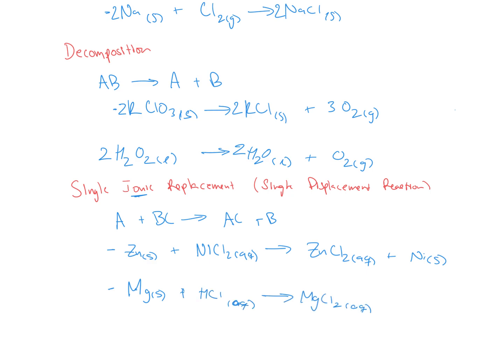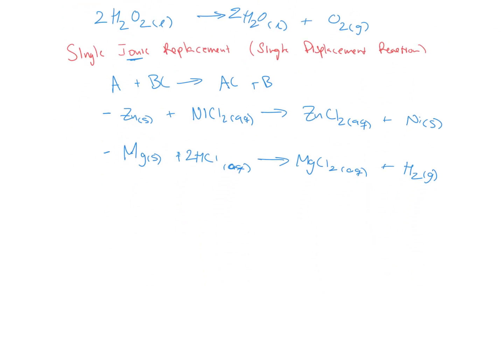The Mg mixes with the Cl, but you also form H2 gas, right? You don't form H+. The hydrogen ions together form hydrogen gas. And so if you want to balance this equation, it'd be Mg solid plus 2 HCl makes MgCl2 plus H2 gas. This is a bit of a stranger single ionic replacement reaction, but I wanted to at least put it in our minds. It's something that we will see in the future.